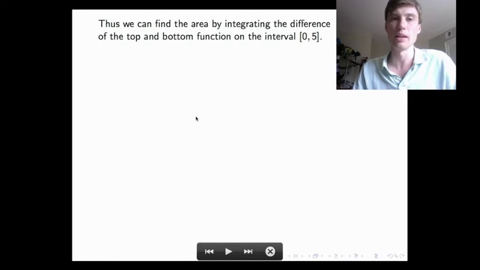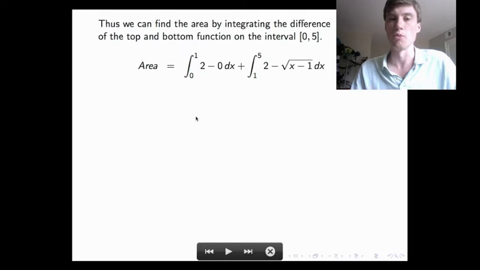So we will find the area by integrating the difference of the top and bottom functions on this interval. Since the bottom function is defined piecewise, we will have to decompose our integral into two separate integrals, one for each of the components of the piecewise defined function. So the first component was y equals 0 on the interval from 0 to 1.